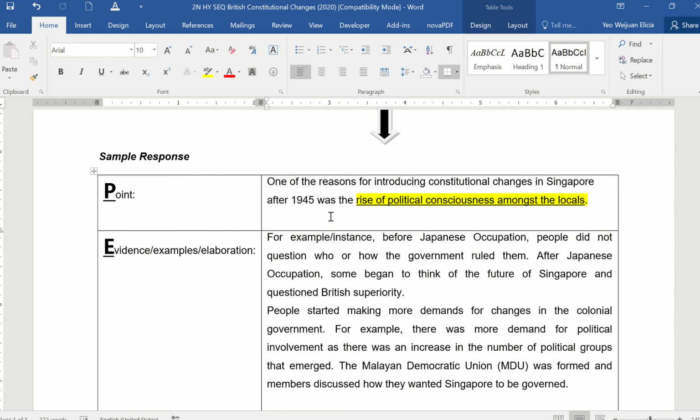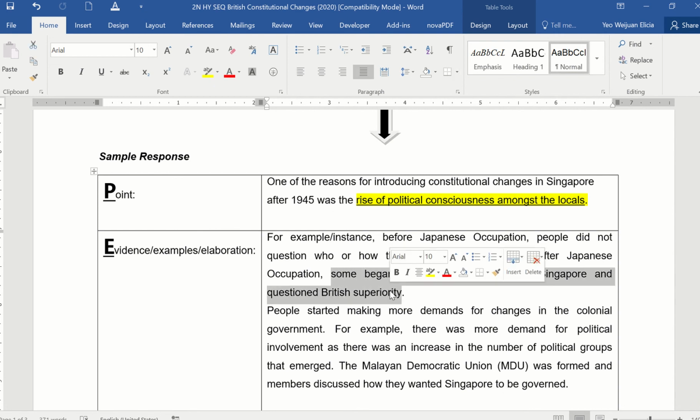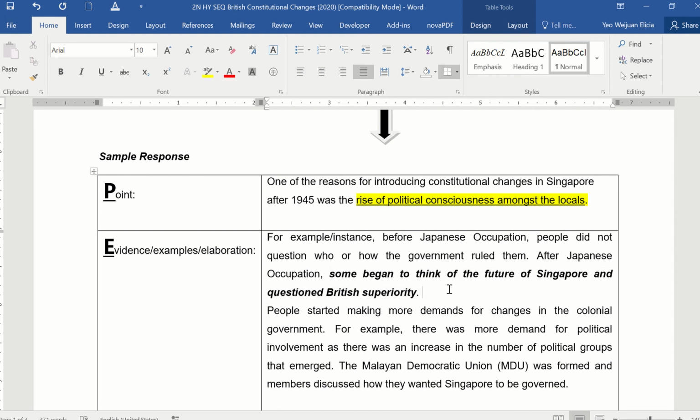However, after the Japanese occupation, some began to think of the future of Singapore and question British superiority. So this is one elaboration and an example. So how do I further elaborate on the people thinking about the future of Singapore?